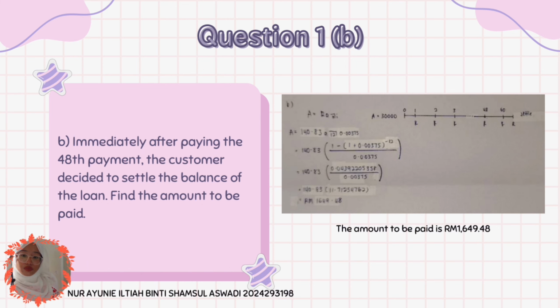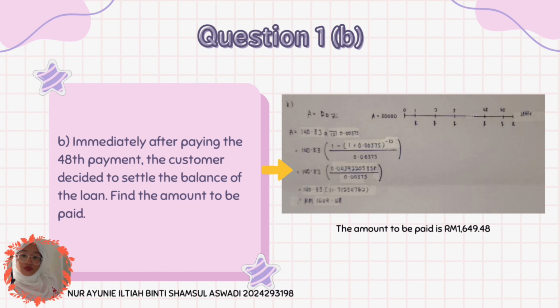Then A equals 140 ringgit 83 cents open bracket 1 minus open bracket 1 plus 0.045 over 12 close bracket to the power of negative 12 over 0.045 over 12 close bracket. Then 140 ringgit 83 cent open bracket 0.04392205385 over 0.00375 close bracket.